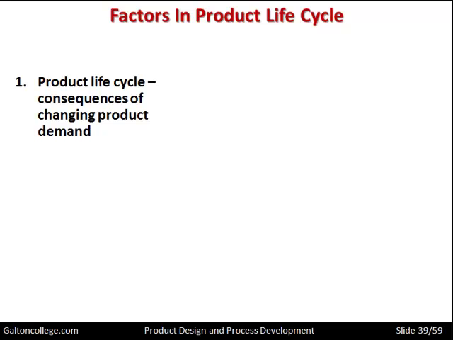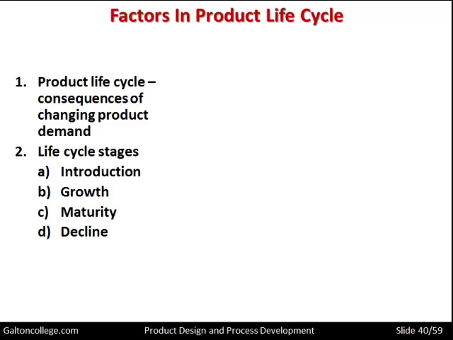There are factors in the product life cycle that influence the choice of processes and also the product design. Life cycle stages are introduction, growth, maturity, and decline. These are covered in other videos elsewhere.